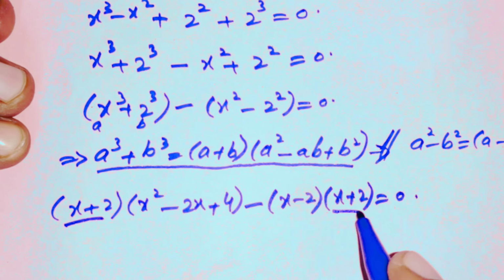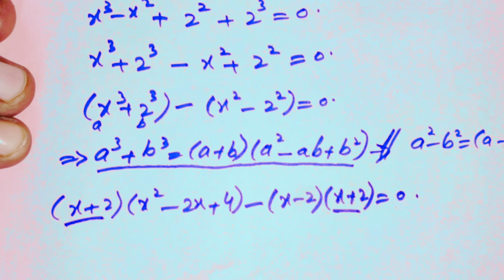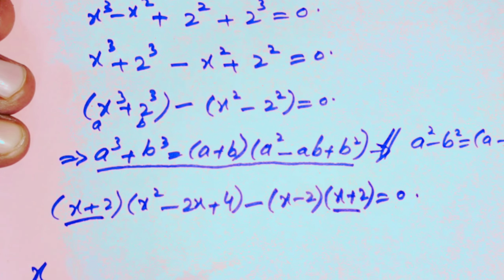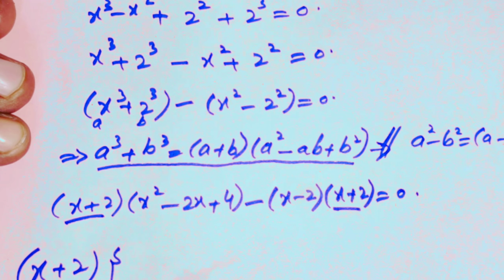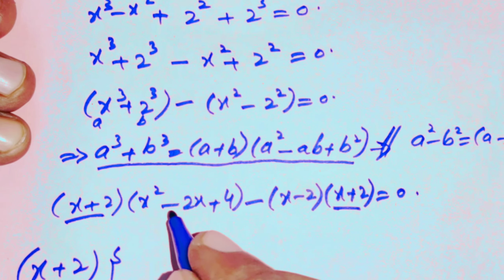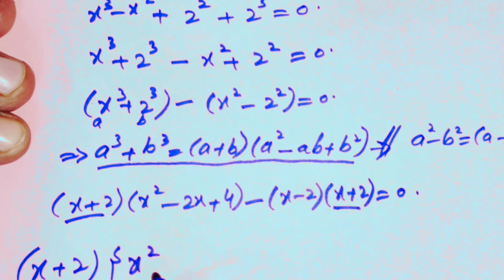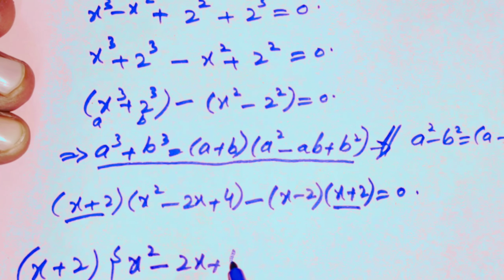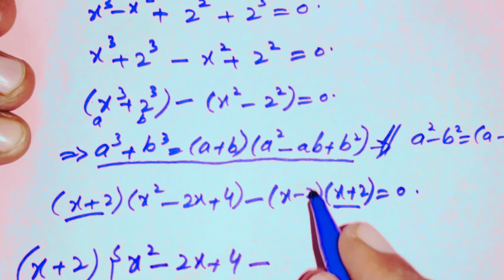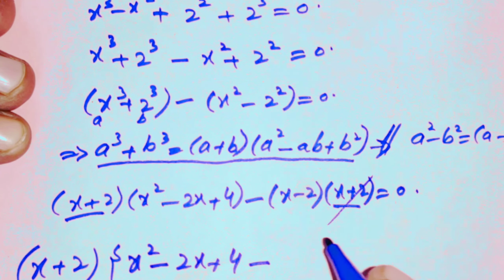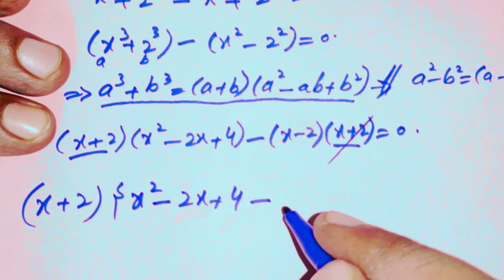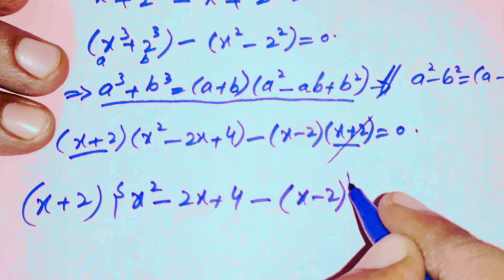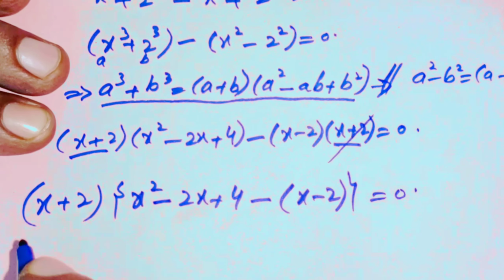Here we have x plus 2 and here we also have x plus 2. So keep x plus 2 common. Here we have taken x plus 2 as common, so it will be cancelled and we will have x squared minus 2x plus 4. Between them the sign minus will remain same and x plus 2 will get cancelled because we have taken it as common. We will get x minus 2 in curly brackets equal 0.